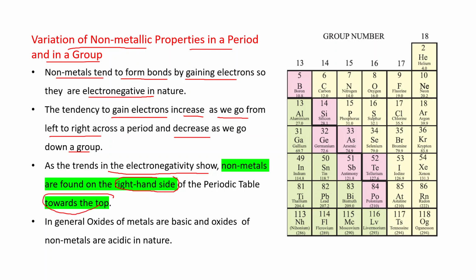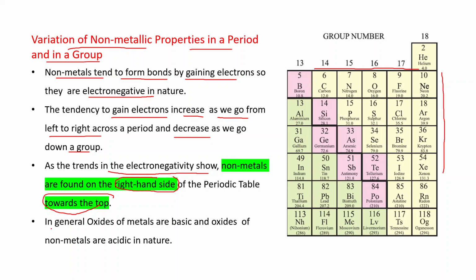Clear? These are the non-metals, and non-metallic character increases from left to right in a period and decreases in a group from top to bottom.